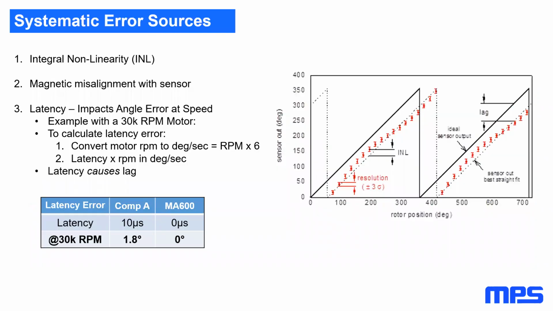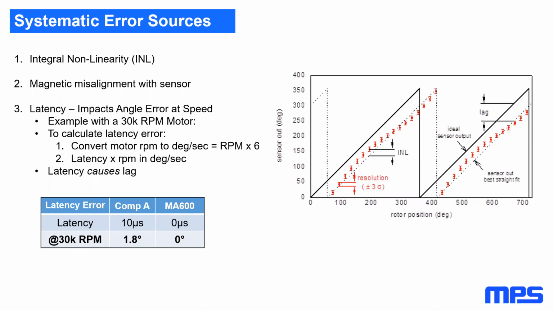So to jump right in, let's first take a look at the systematic error sources in a magnetic angle sensor. Integral nonlinearity is the first one. It's intrinsic to any sensor.